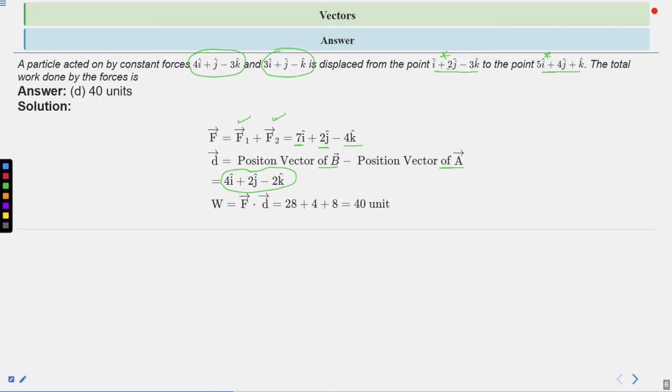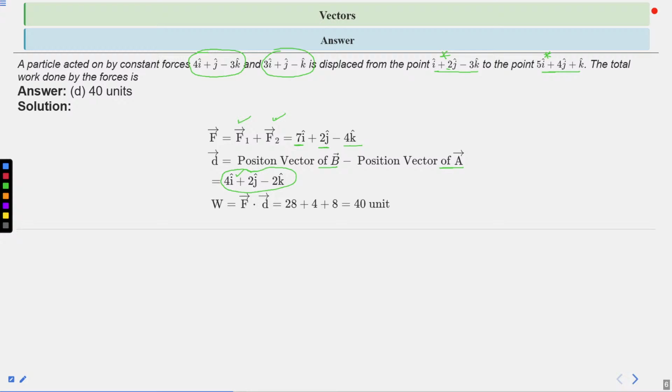So 5 i cap minus i cap is 4 i cap, 4 j cap minus 2 j cap is equal to 2 j cap, and k cap minus 3 k cap you will get minus 2 k cap.